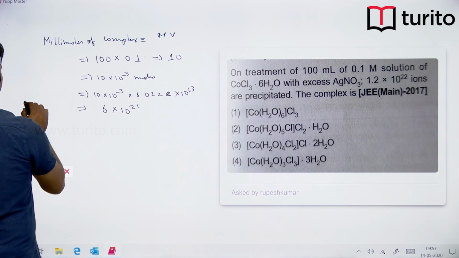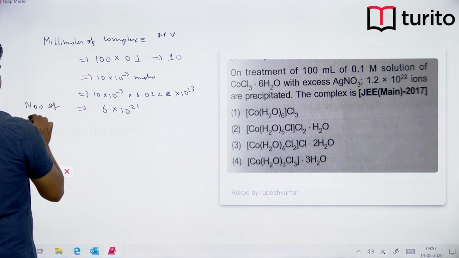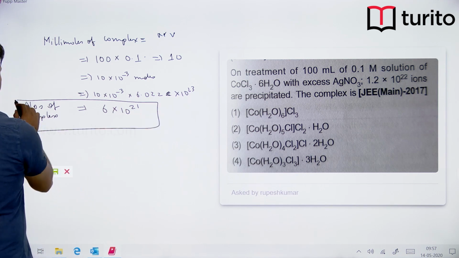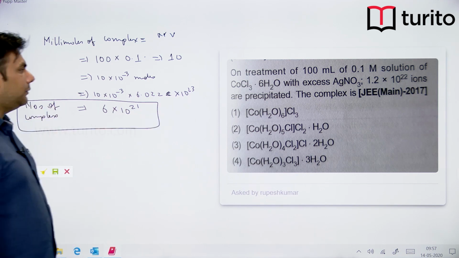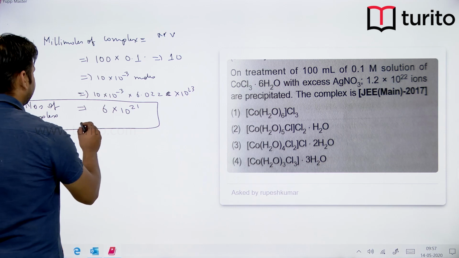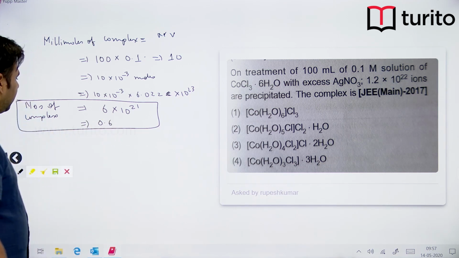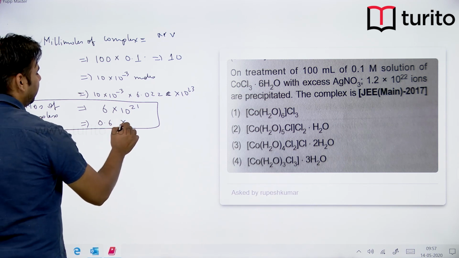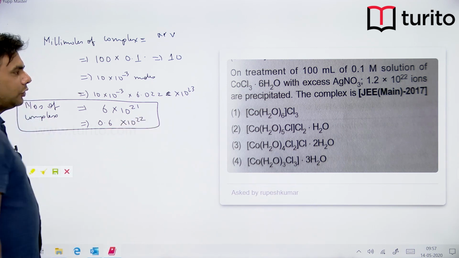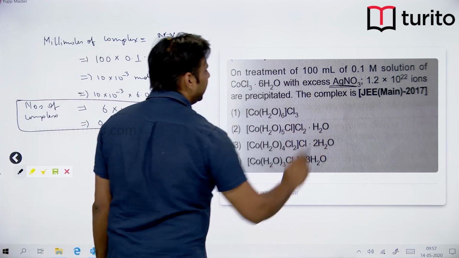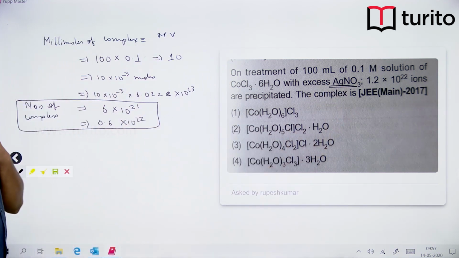So this is the number of complex molecules. I can also write this as 0.6 × 10^22. Now on reaction with excess AgNO3, AgCl is precipitated out.